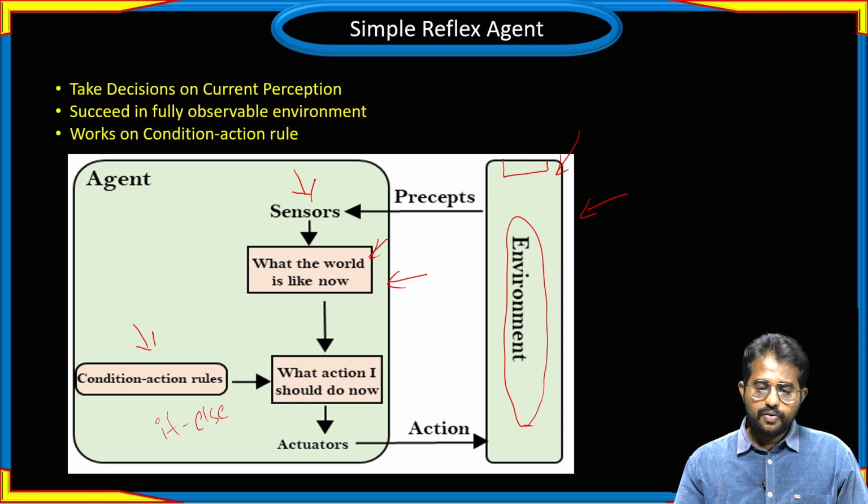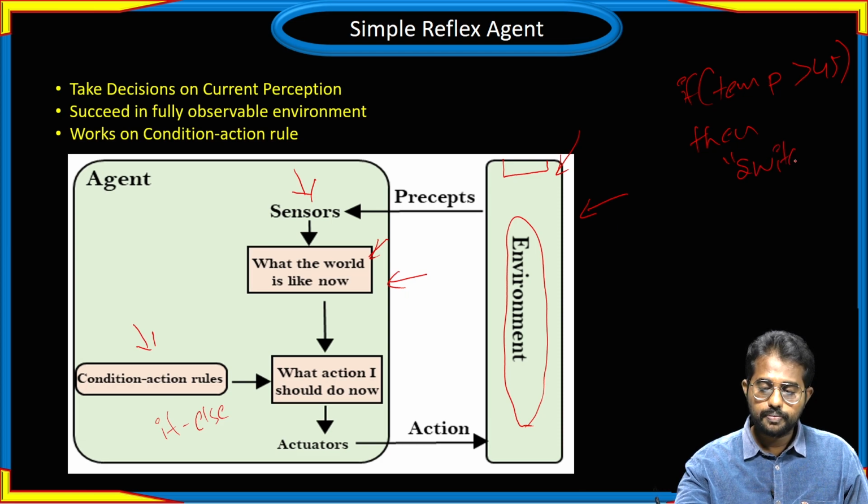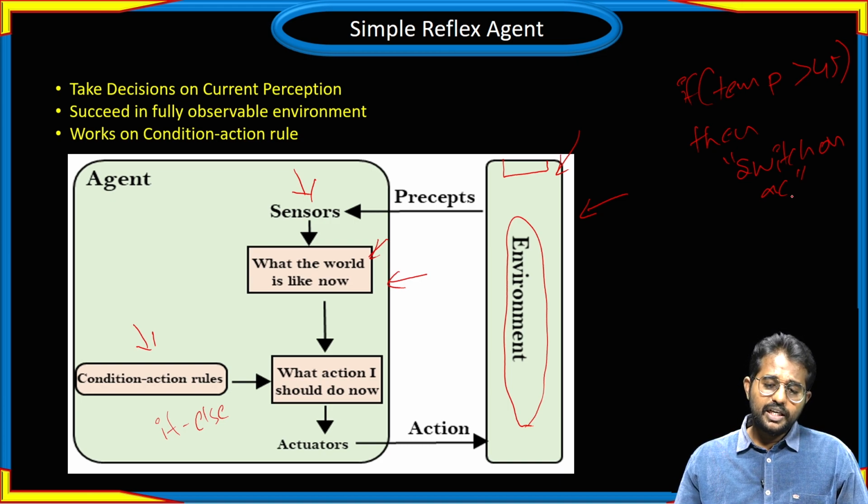That is, if temperature is greater than 45, then I will switch on the AC. The condition action rules will be like this, simple. If this condition is reached, then I have to do this. The action is here: switch on the AC.